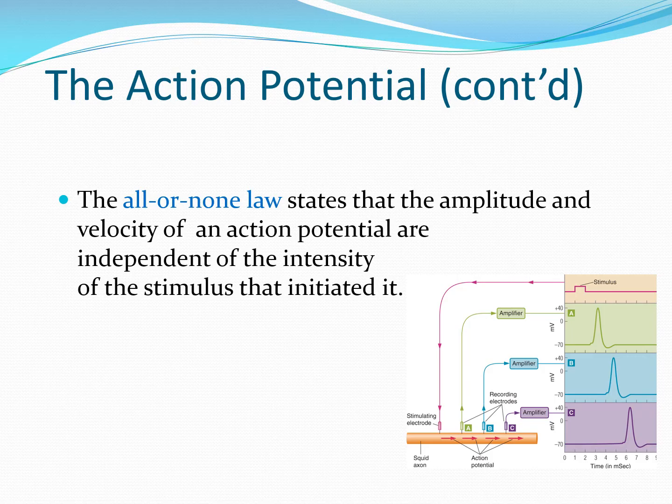If we go farther down the neuron, we have a second amplifier. We're going to see the same exact action potential, just later in time. We go to C, to another amplifier, and we're going to see that same exact action potential just later in time. So that's the all or none law. And it's going to do that until it gets down to those terminal buttons, or the synaptic terminals.